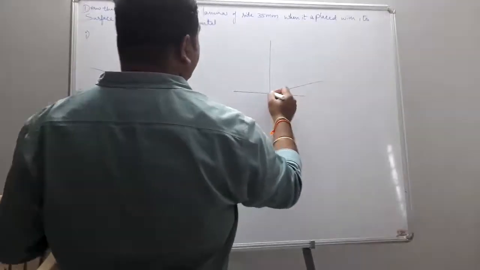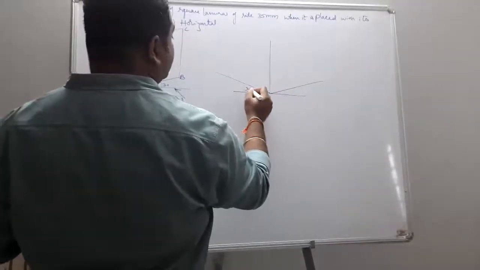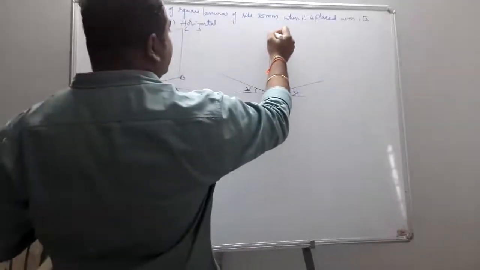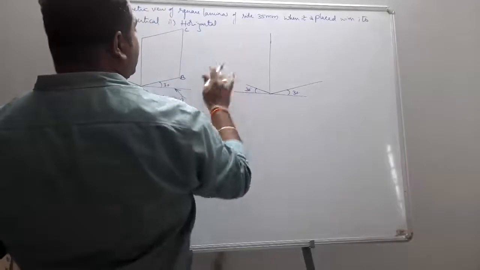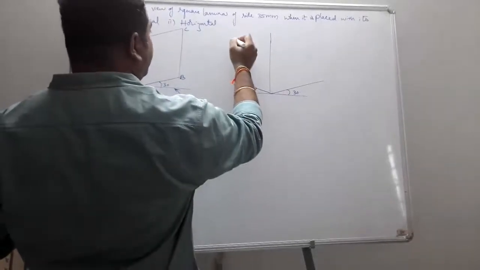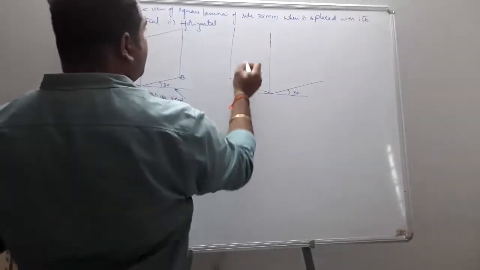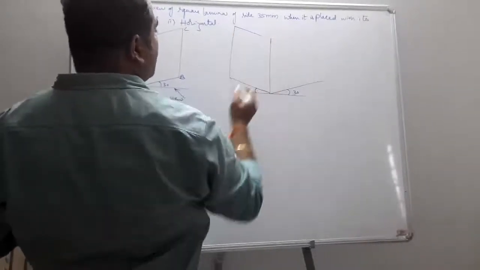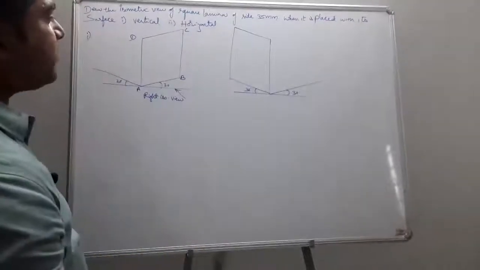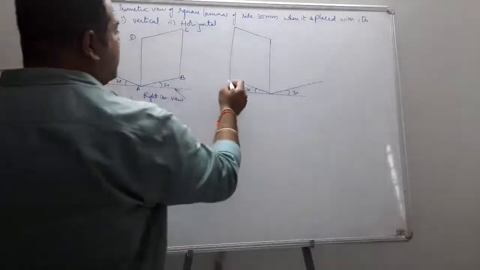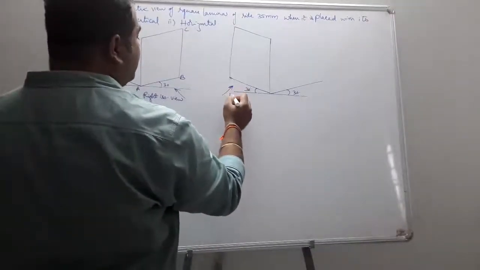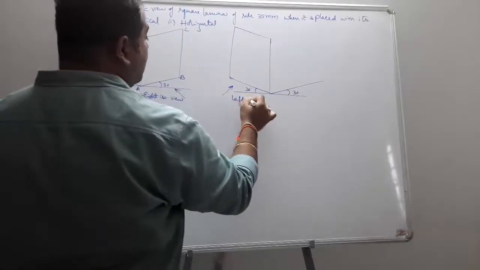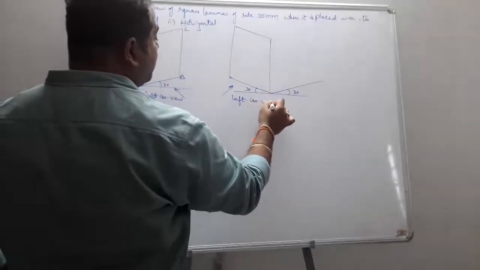Similarly, if your isometric axes are drawn again, from here it is 30, from here it is 30. If you consider the vertical axis to be here, so this square plane is also vertical. When it is seen in this pattern, it is left isometric view.